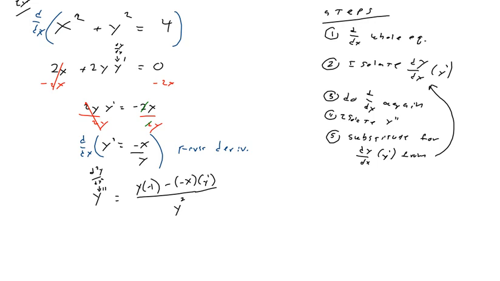Okay? And what we're going to do now to finalize this, because we don't want to keep y prime in this equation, I want only to be involving x and y by itself, no y primes.